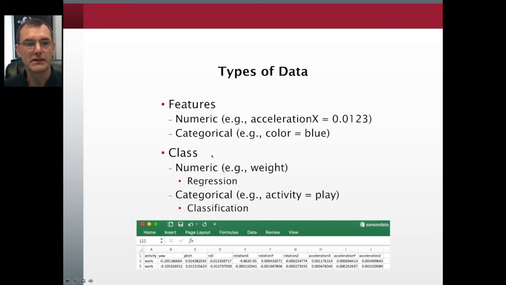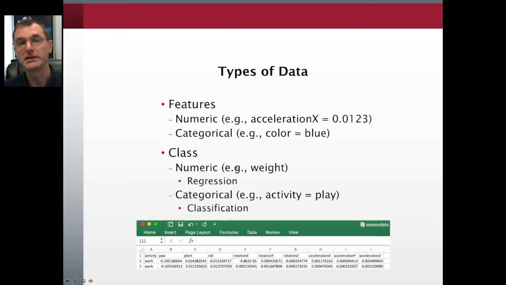And then usually for the data, there is a class that we're trying to predict. In this course, we're mainly going to be focusing on predicting the user's activity based on their sensor data. And again, the class can be either a numeric or a categorical value.